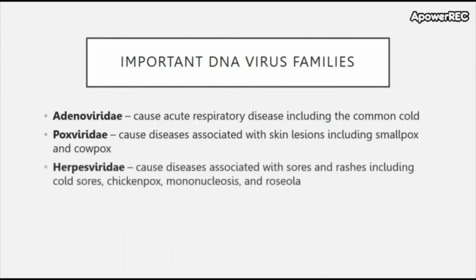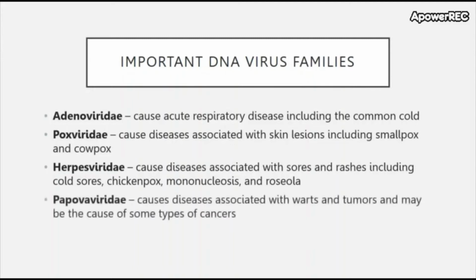We have Herpesviridae, which causes diseases associated with sores and rashes, including cold sores, chickenpox, mononucleosis, and roseola. Roseola is a viral illness that most commonly affects young kids between 6 months to 2 years of age. It is also known as the sixth disease, but we won't go into that in any greater detail.